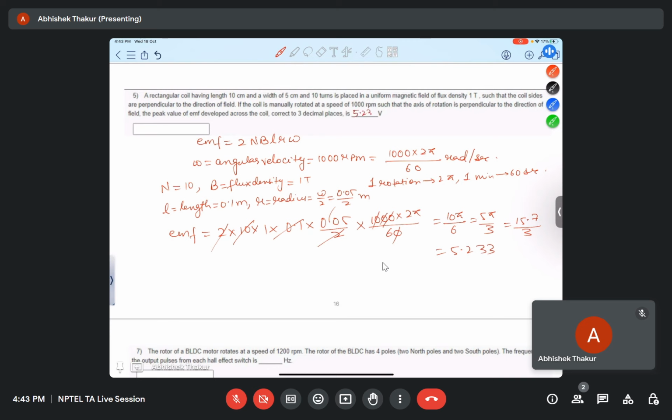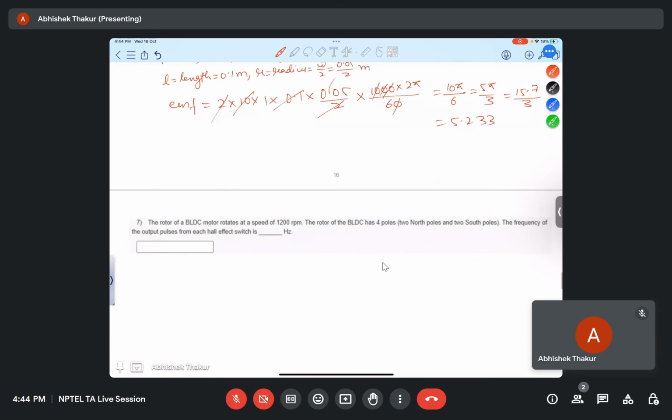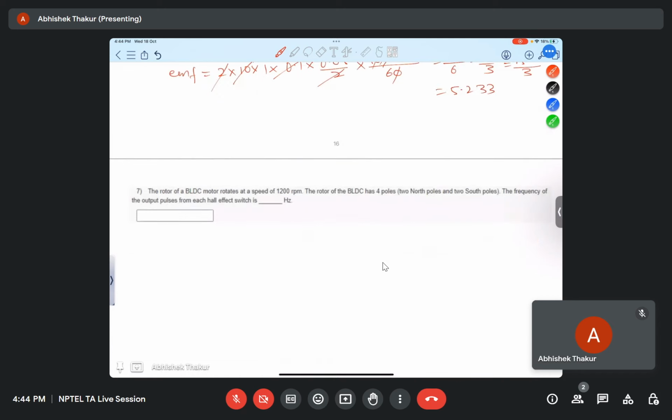So the peak value of EMF is 5.233 volts. So now we will solve the next question.